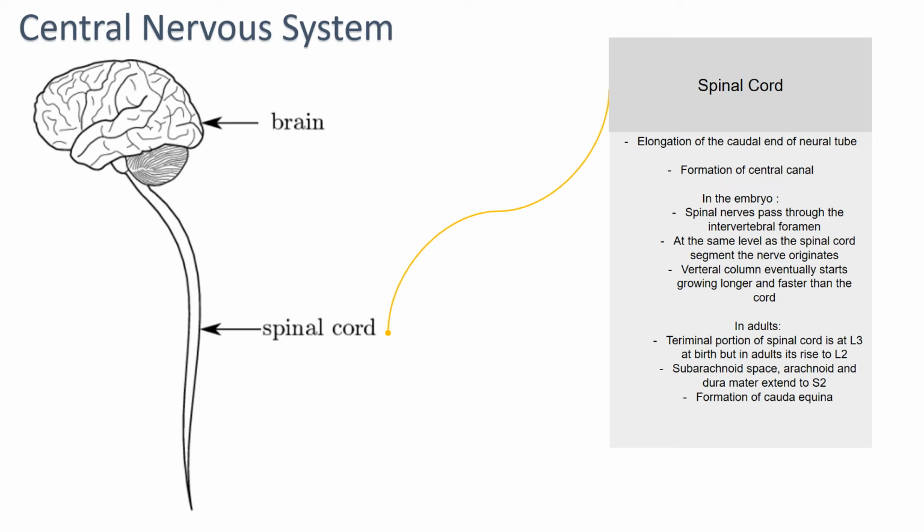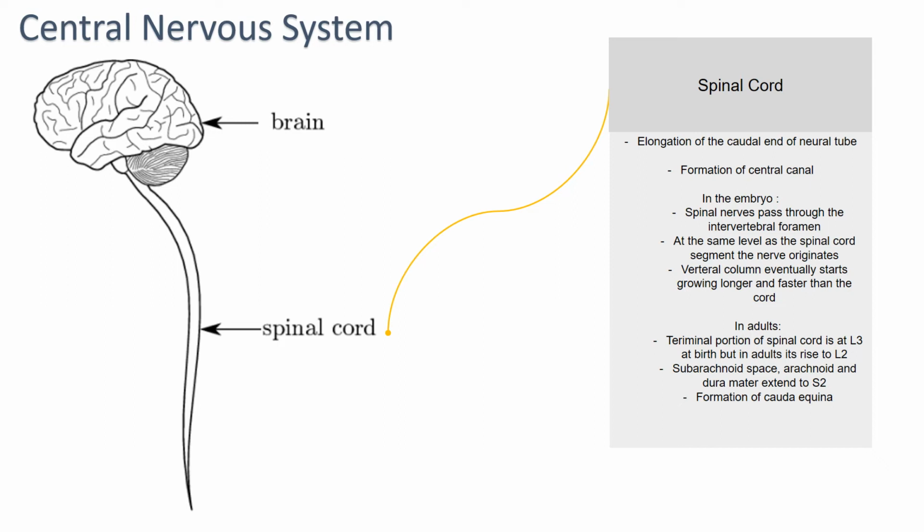And as the vertebral column grows, it causes the end region of the spinal cord to reach the level of the L3 vertebra by the time of birth. So the vertebral column ends up being longer than the spinal cord itself.